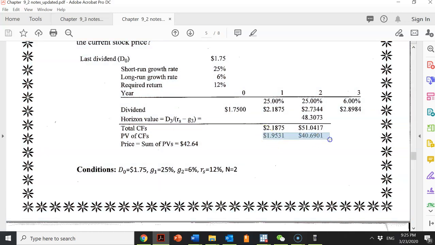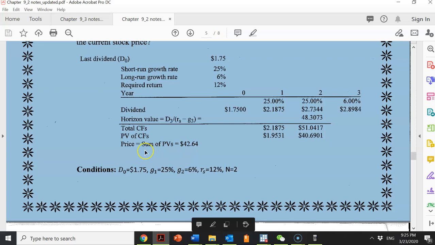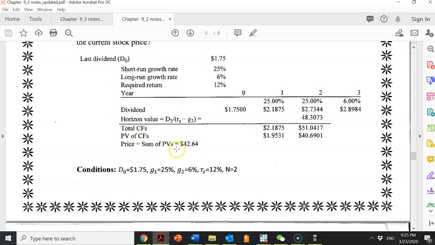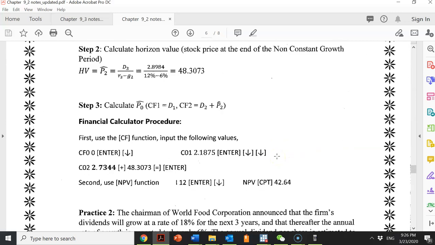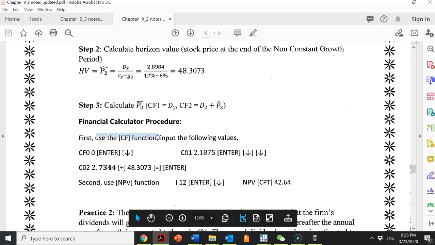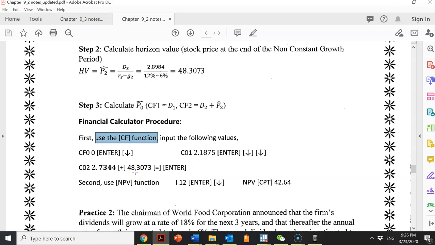Then you add these two numbers up, and the sum of the present values is 42.64 as our stock price. This shows how we can discount D1 and D2 plus P2 to have two present values and add them up to get the stock price. This is an alternative to using the cash flow function to discount the two cash flows.